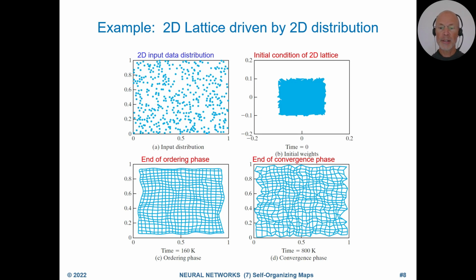The next example is fitting a 2-dimensional SOM network to this 2-dimensional input data. We have the initial condition, and then the end of the ordering phase and the end of the convergence phase, which also adds some fine-tuning of this SOM network to the distribution of the input data.